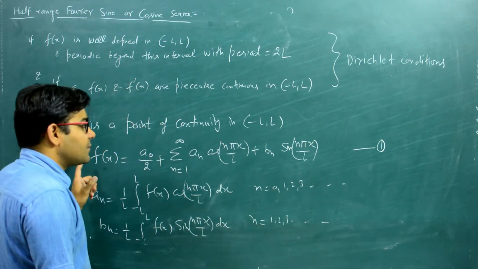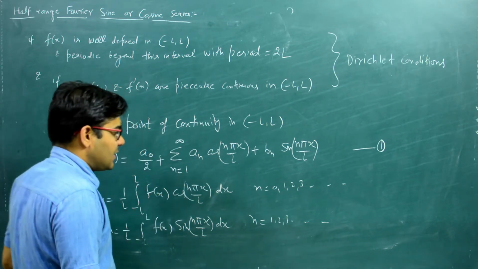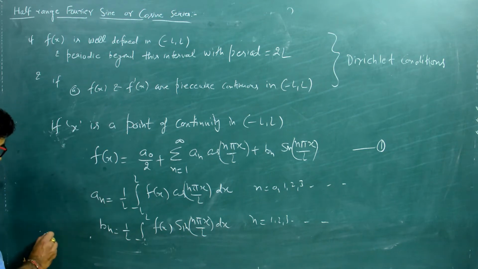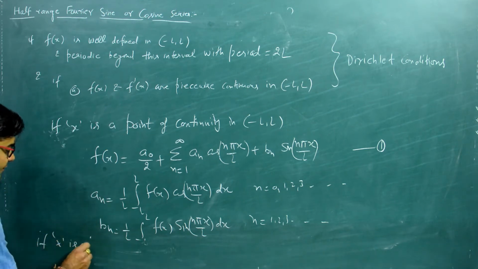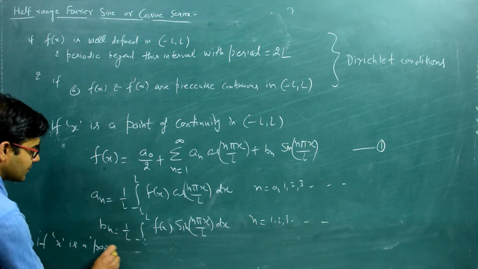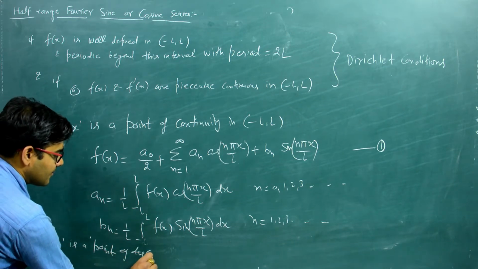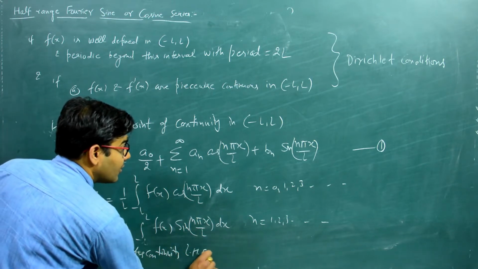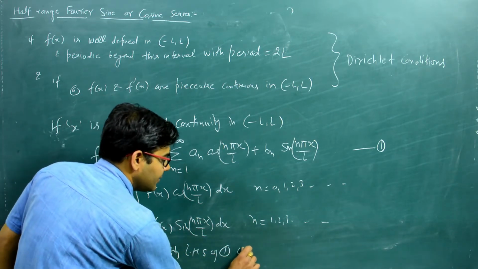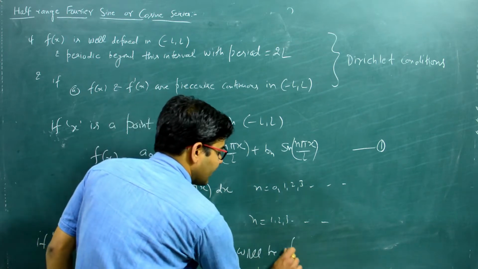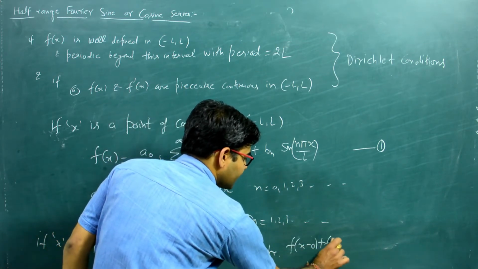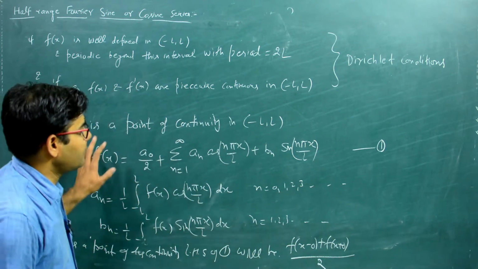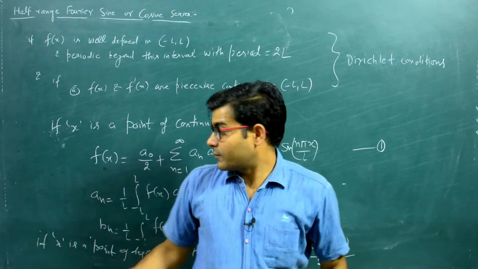So if x is a point of discontinuity in -L to L, then the LHS of 1 will be [f(x-0) + f(x+0)]/2, the average of these two. Okay, this is called Fourier series expansion of a function f(x).